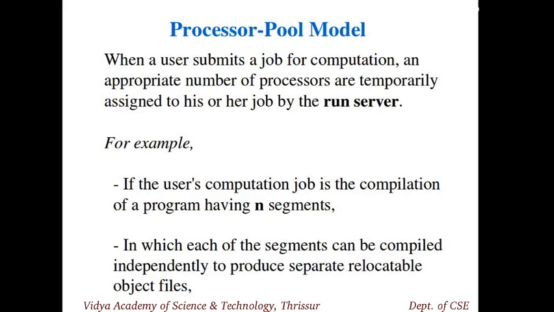It will be decided by the computation requirement of the request by the server called the run server. For example, if the user's computation job is the compilation of a program having n segments, n segments means it can be divided into n subtasks.